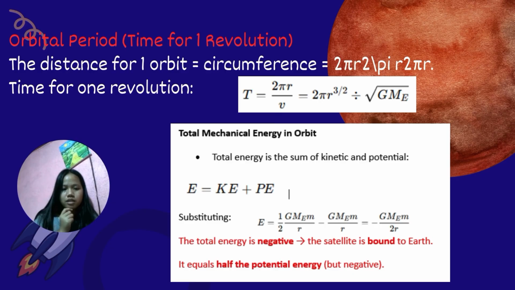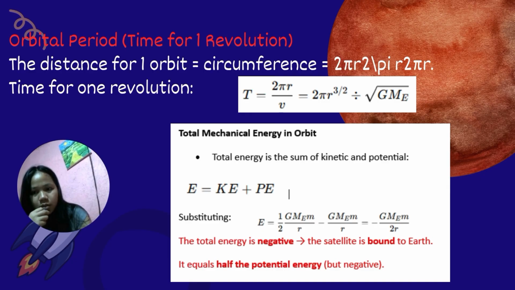So let's also discuss the total mechanical energy a bit, because we'll have problems about this later on. The total energy is the sum of the kinetic and the potential energy. In symbol, that is E, or the mechanical energy, is equal to KE plus PE.